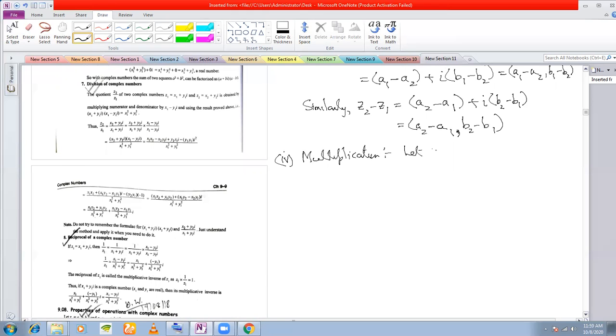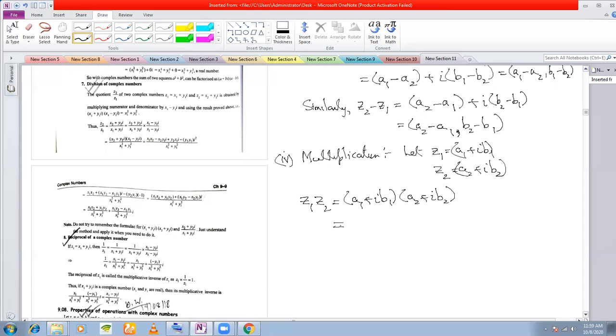Suppose I take z1 is equal to a1 plus ib1, and z2 I take a2 plus ib2. I want to multiply the two complex numbers z1 into z2. Then I am going to multiply a1 plus ib1 with a2 plus ib2.